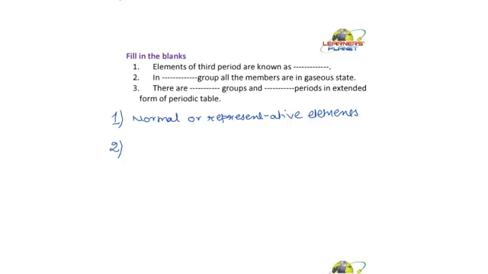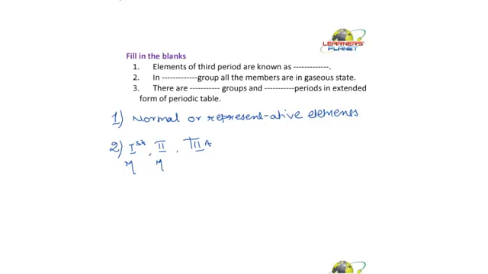Let's take up the groups first. In the first group, are they in gaseous state? No, they are in metallic state. They are metals except hydrogen. All others are what? Metals. So they are not in gaseous state. In the second group, again they are metals, right? In the third A group, what are there?